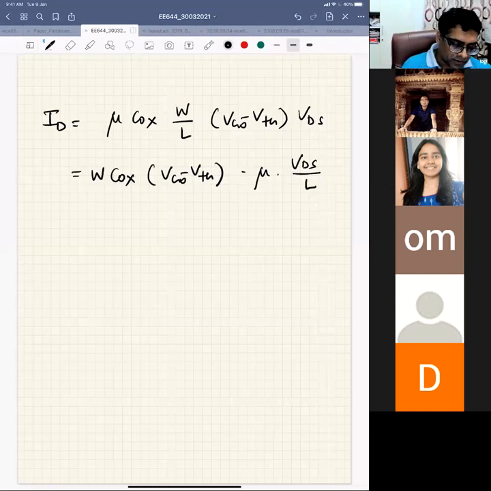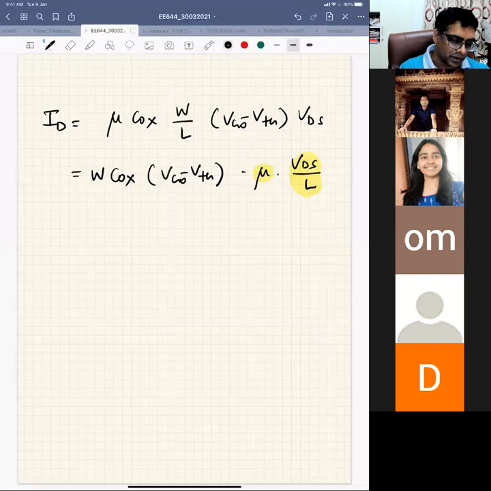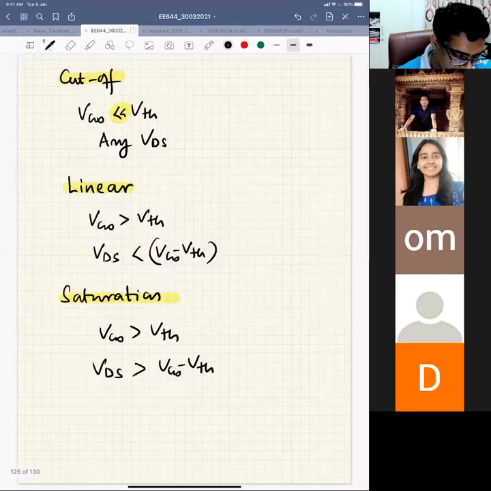So again, if you look at this part, mobility times VDS by L, when your VDS is small.